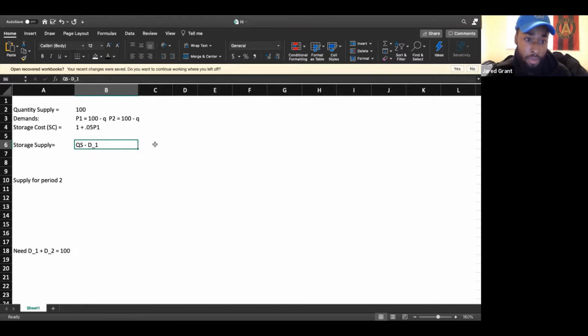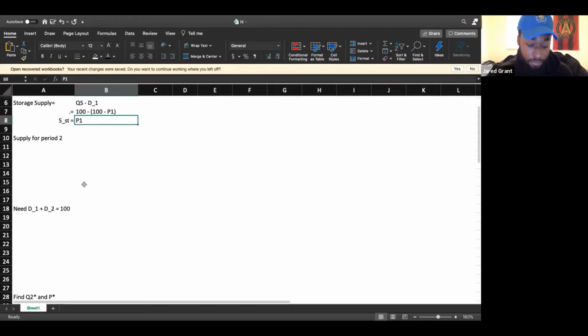And the way we calculate the demand for period one is right here, where it's 100 minus P1, and we calculated that by just reworking that equation. Any questions on that? Okay. So once we do the simple math, we're just left with P1. So the storage supply, which we're going to call S storage, is just P1.